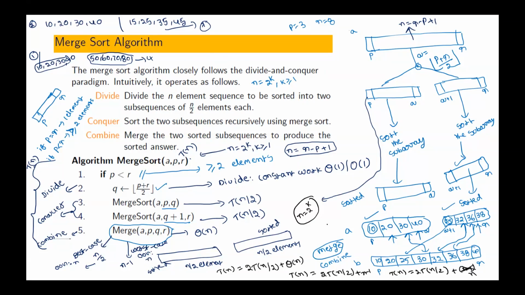If you don't remember master theorem, can you apply the recursion tree method? T(n) becomes T(n/2), T(n/2), and at the top it is n in the middle. Next it becomes like this, you will be able to get. Based on that also, the tree height will be log n, so overall work will be n log n.